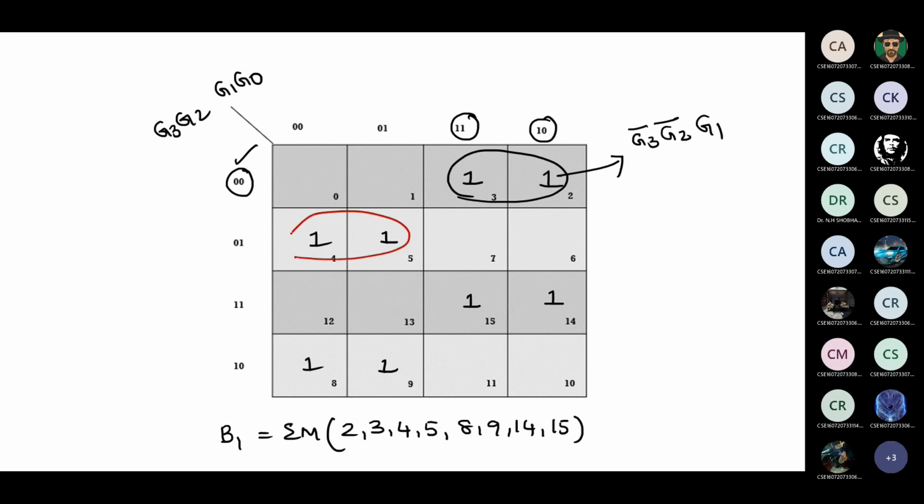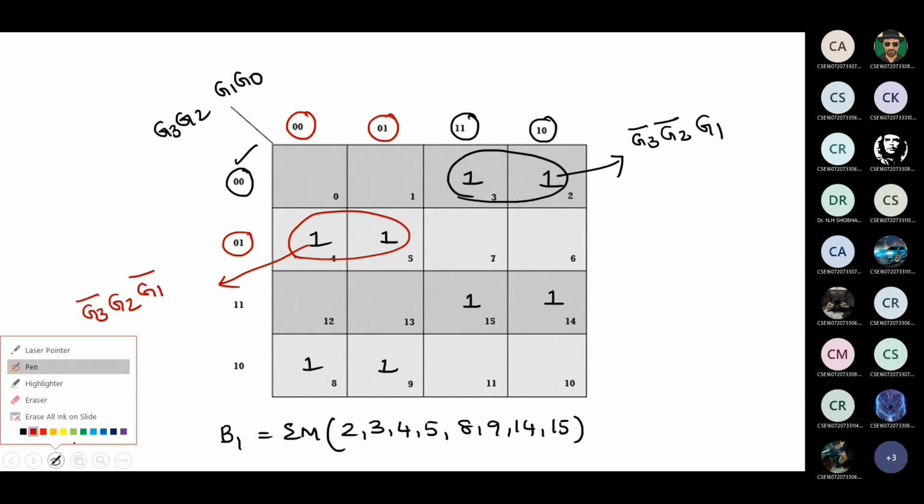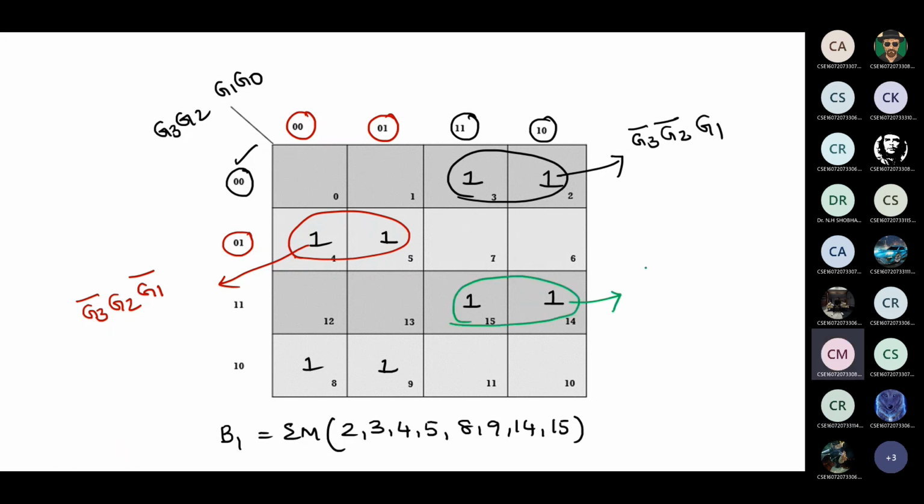Next, this is the second pair. Now tell me the answer for this. This one should be written as it is first. 0, 1 means G3 bar, G2. What is common? G1 bar. Next, this is one more pair. Now try this one. G3, G2, G1. Okay.